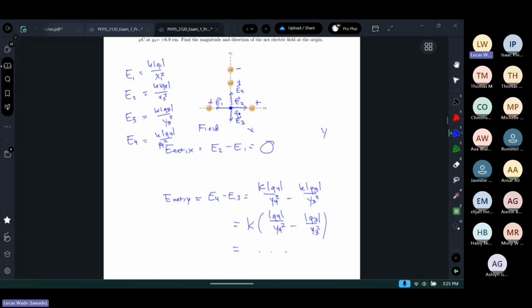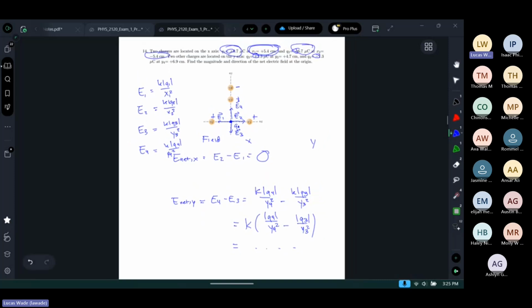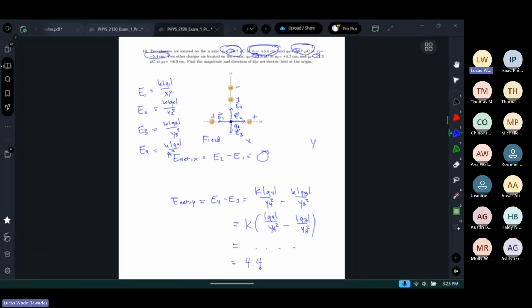And that comes out to whatever it happens to come out to. If it's a positive number, the net field is upward. If it's negative, the net field is downward. I get 4.4 times 10 to the 6th and positive, so upward.